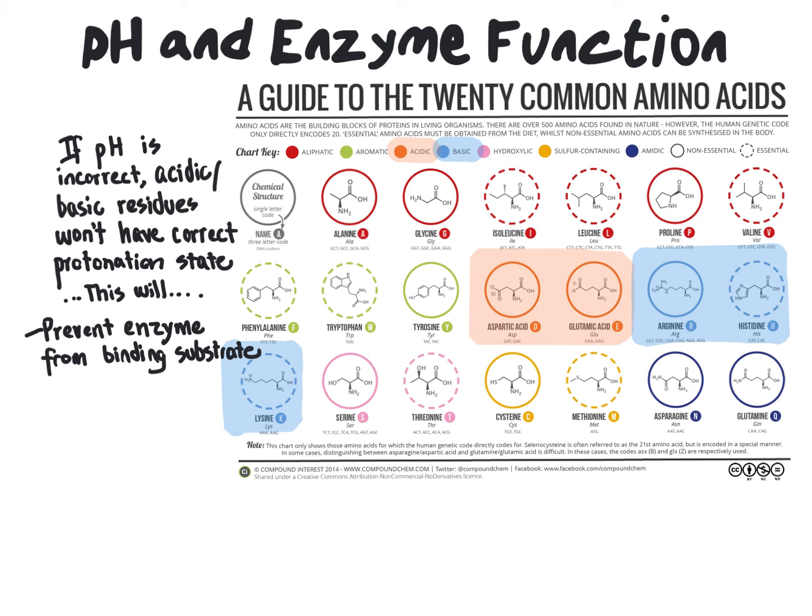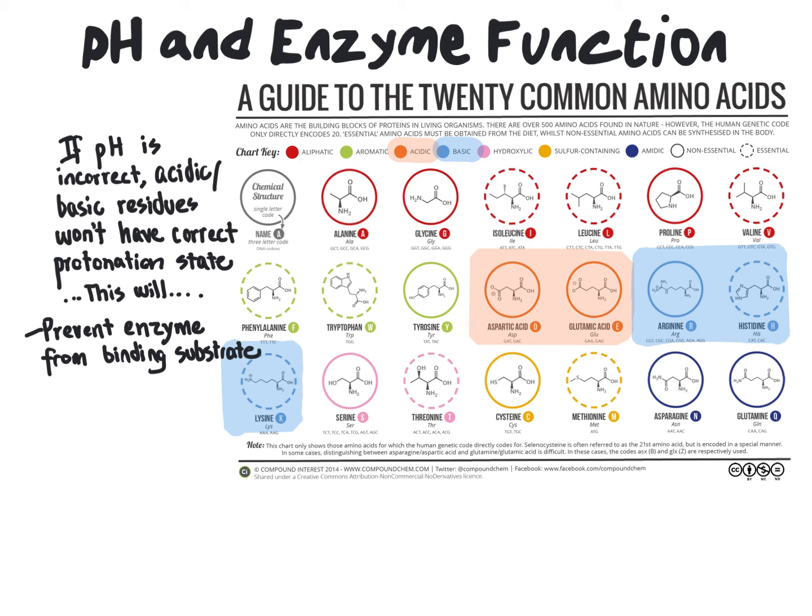The other way that pH impacts enzyme function is that some enzymes use these amino acids to act as proton donors or proton acceptors to catalyze the chemical reaction by transferring, or facilitating the transfer, I should say, of a proton onto a substrate. That can be an essential step in an overall chemical reaction process.